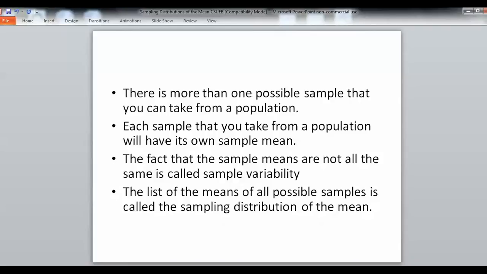Now imagine if I went to that university where the student population is 20,000 people, and I did record the age of all 20,000 students.